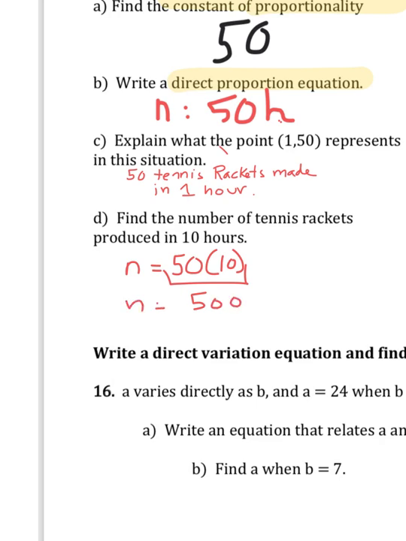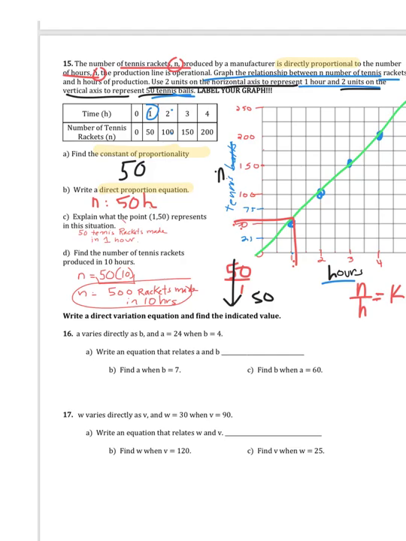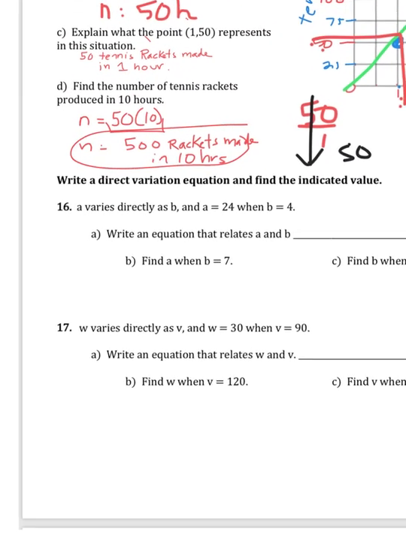The number of rackets would be 500. So I'm just going to put rackets made in 10 hours. Okay, that's easy. And guess what? That's it. That's all we had to do for that. Seemed like a lot, but wasn't too bad.